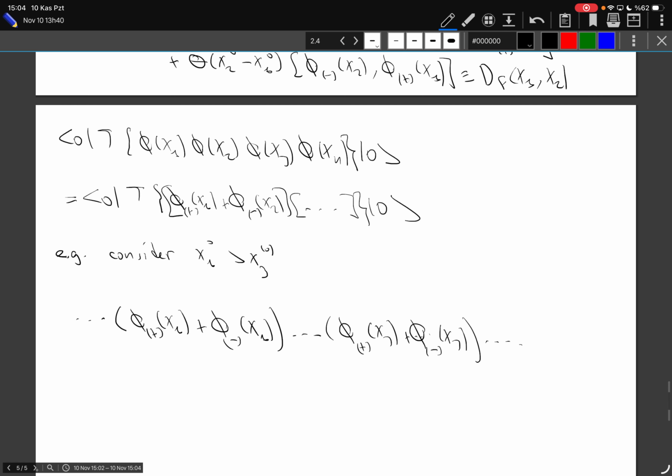Now, of course, this is the vacuum matrix element. What I will need to do is, well, phi plus will remain there. I will move phi plus towards the left, towards the vacuum on the left. But phi minus, I have to move it towards the right. So I will commute with whatever appears in between.